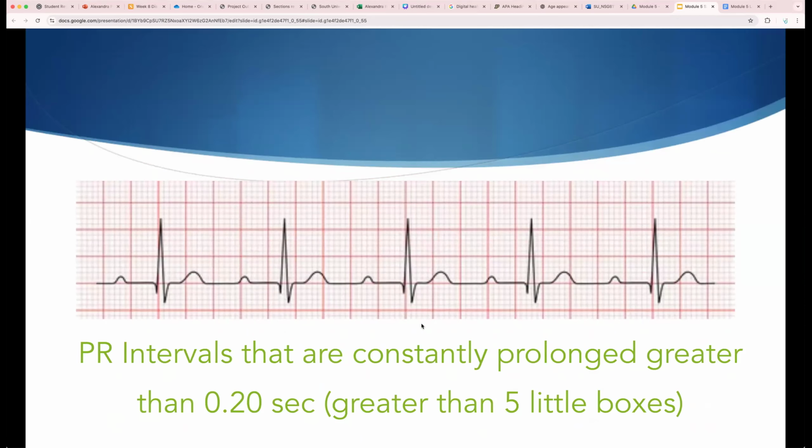All right, so first of all, is this a normal EKG that you're looking at? Let me ask a real nursing question. Is this a sinus rhythm?